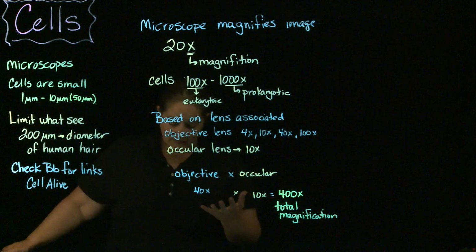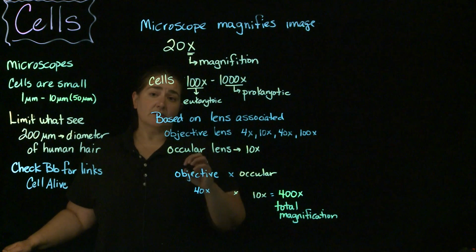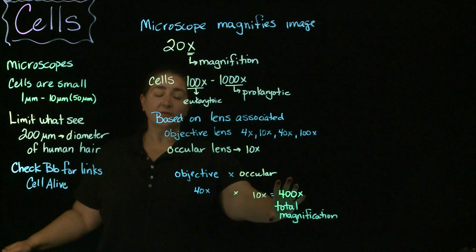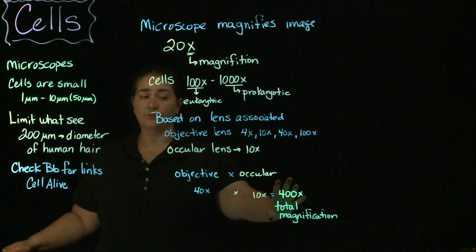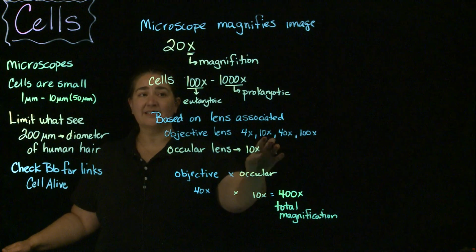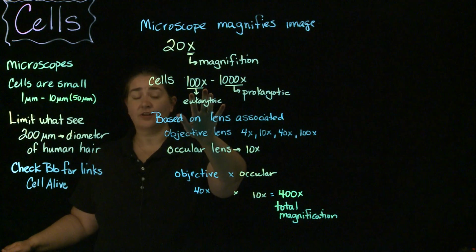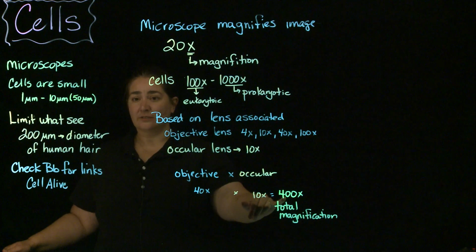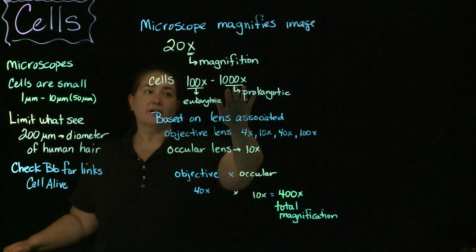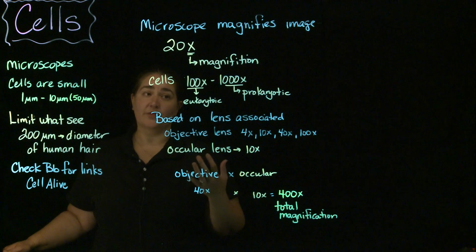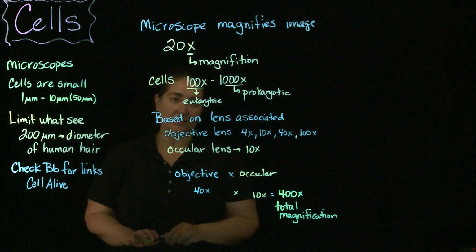Okay? And most cells, eukaryotic cells, you'll be able to see a good amount of detail at 400x. You'll start to see some of the detail at 100x. You just get a little more detail at 400. Prokaryotic cells, you need to go up to 1000x total magnification.